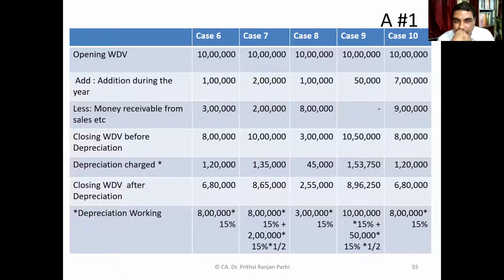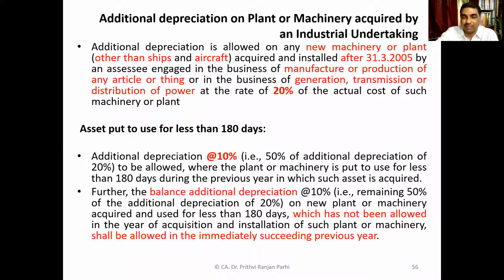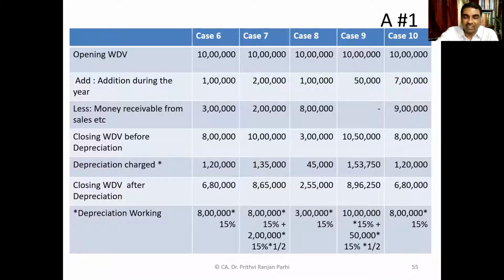Okay, so this is how depreciation will be treated. And also we have seen in which situation there will be short-term capital gain or short-term capital loss. I hope you got a detailed idea of different situations.